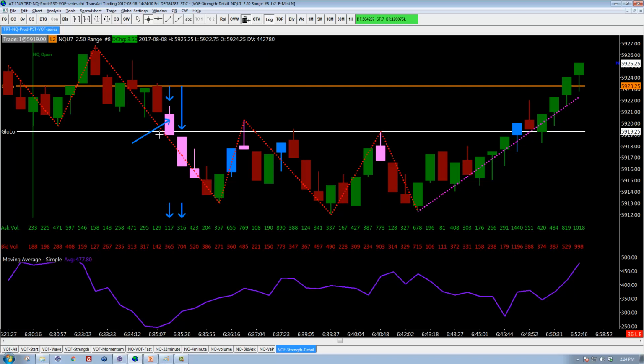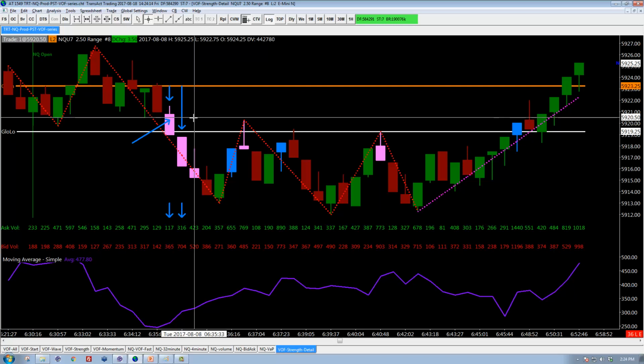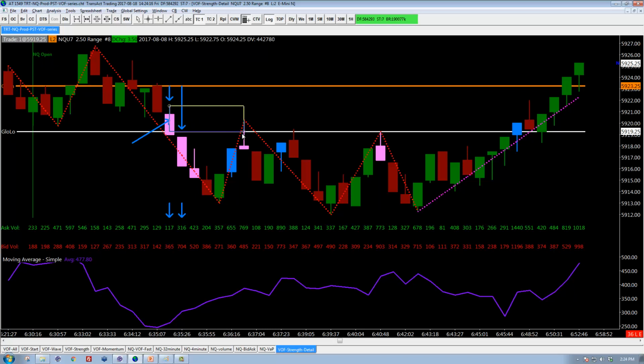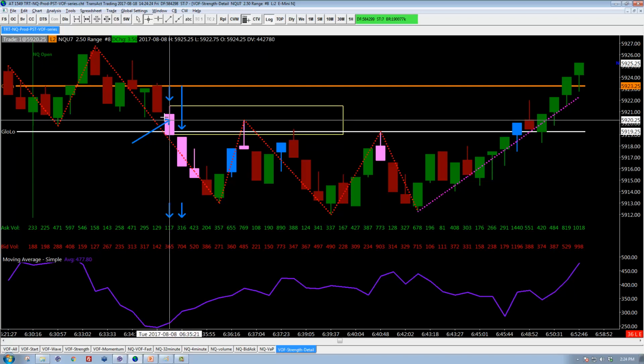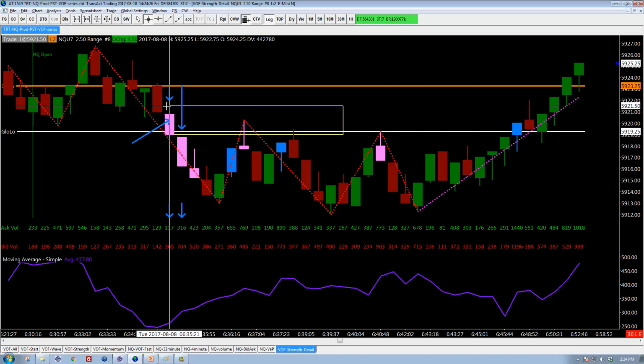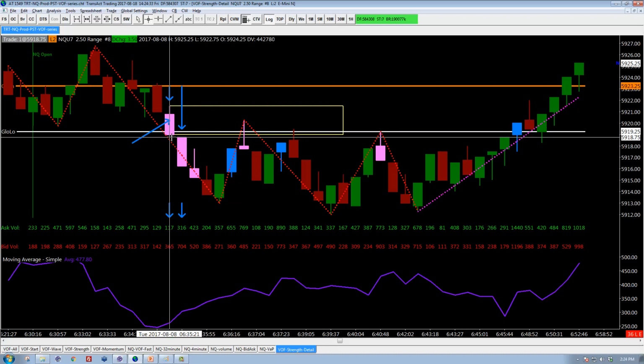I'm only going to get a new bar when I break out of this range. This is the price range of this bar. The bottom of that bar is 59.19 even, the top of the bar is 21.50. I will not get a new bar until either 21.75 or 18.75 trades.